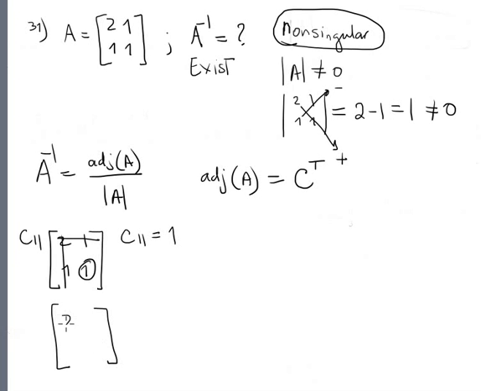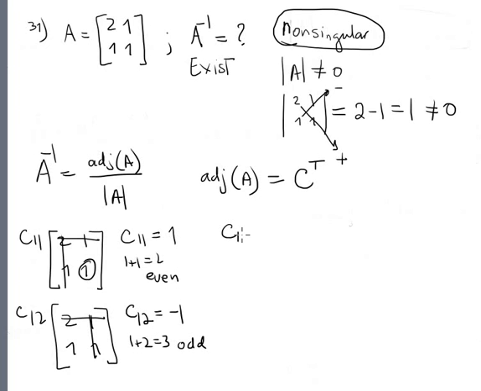The cofactor 1, 2 is equal to 1 again, but in this case, remember the sign is minus. When you add 1 plus 2, it is 3, because an odd number is negative. And when you add 1 plus 1, it is 2, because an even number is positive.